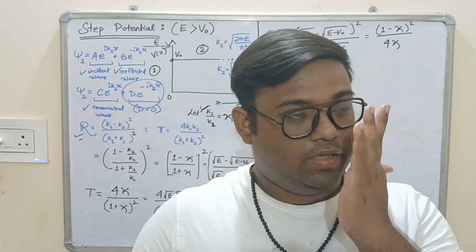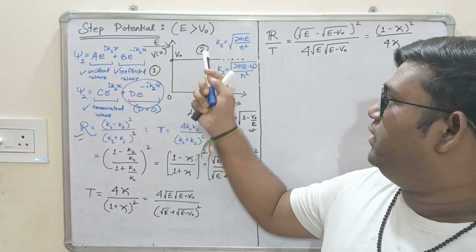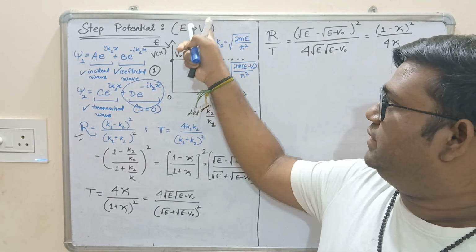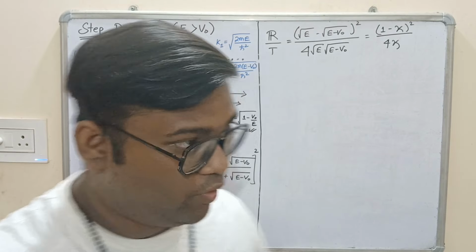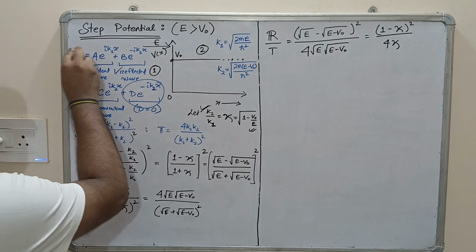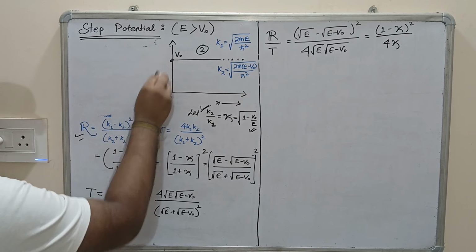Now, in this video we are going to discuss the second part. Second part is where the energy of the particle is less than V naught. That part is a bit tricky, so we are going to discuss that part. And why is that part important?